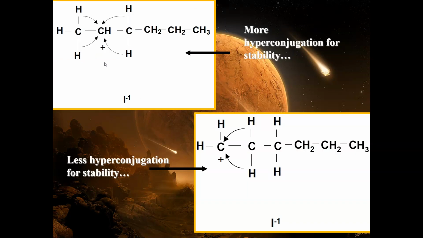If I'm looking at carbon 2, I've got 1, 2, 3, 4 hydrogens that can come in and share and stabilize this carbon. If I'm looking at this one right here, I only have these 3, so I have less.